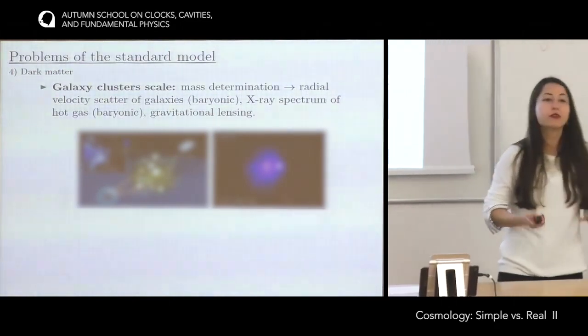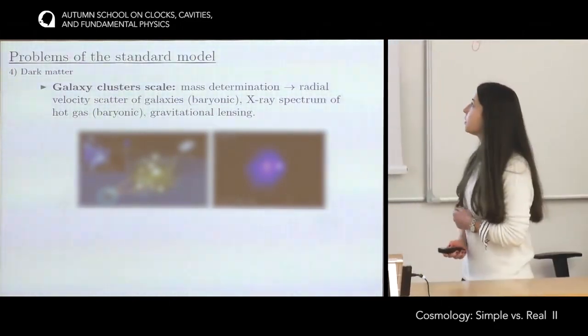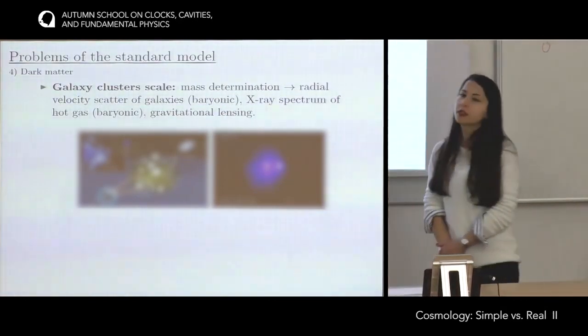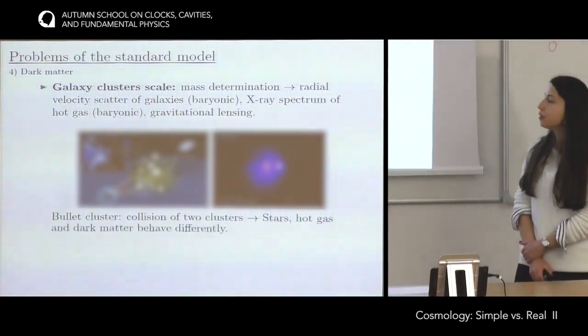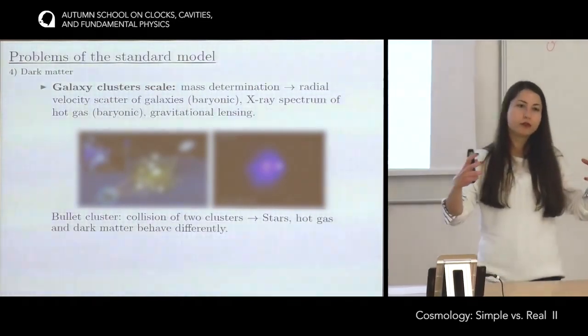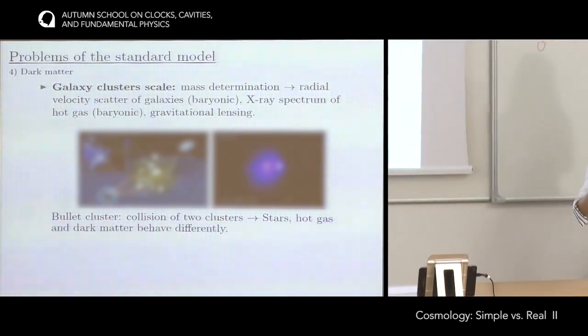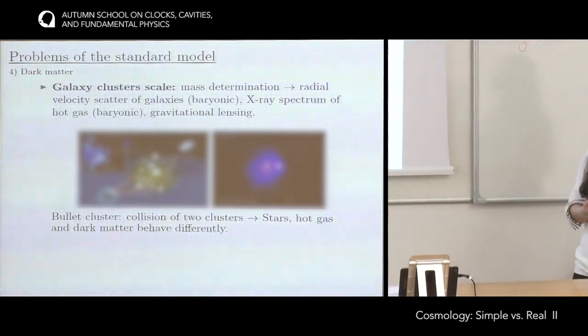This is how you get the gravitational lensing data. So on the right, you have the bullet cluster. That is a cluster that results from the collision of two clusters, basically. So there are hot gas, stars, and dark matter. We assume that there's dark matter.